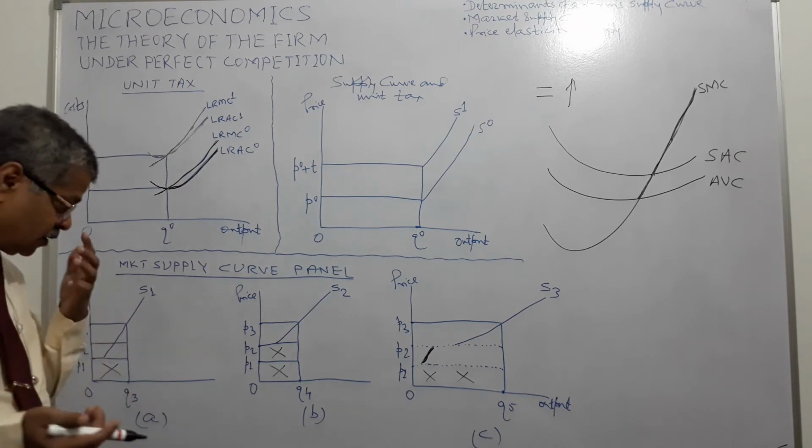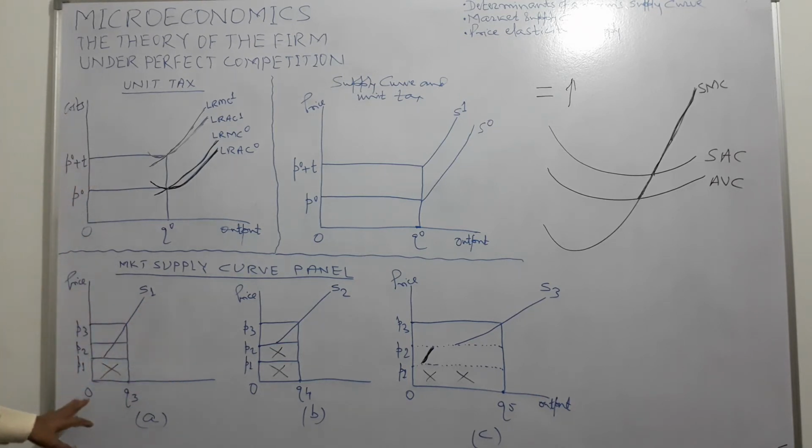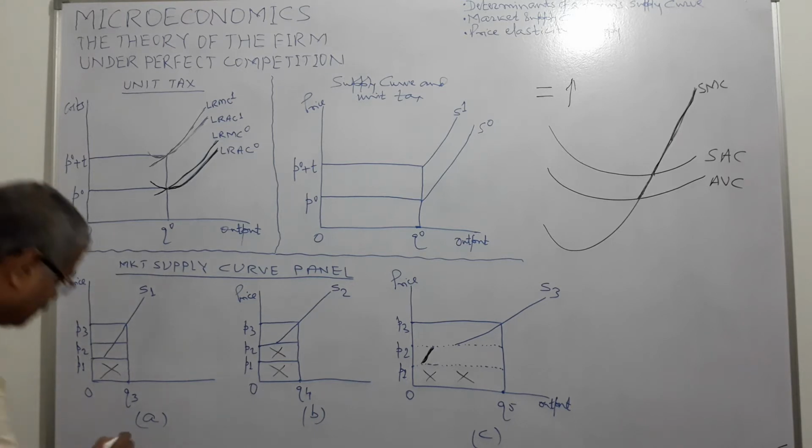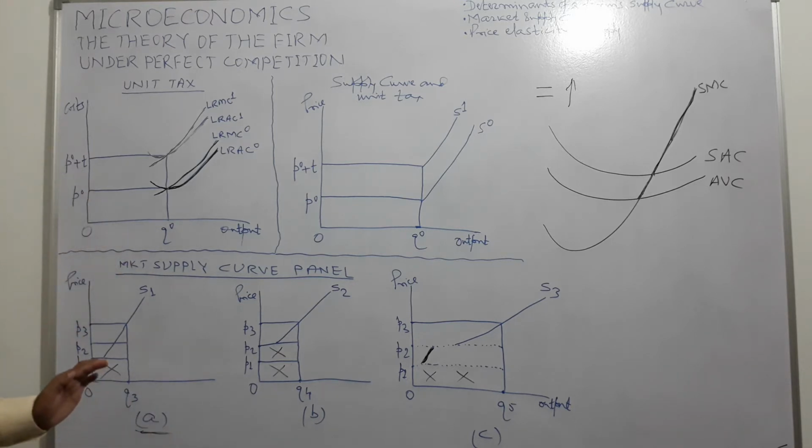Once again, unit 1 says, I will supply 0 if the price is below P1. It supplies only when the price is equal to or more than P1, and then it supplies S1.